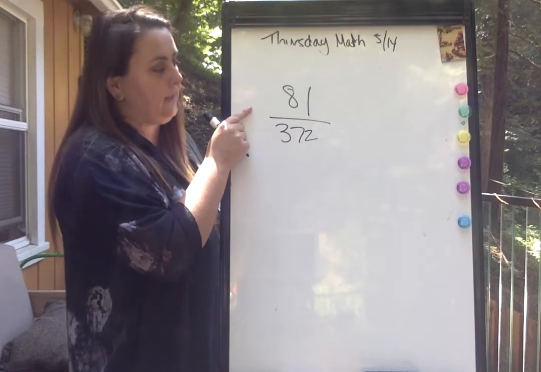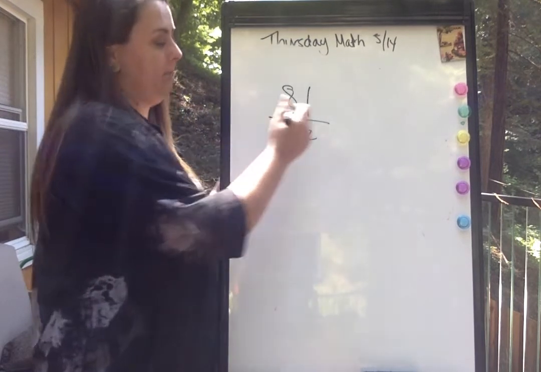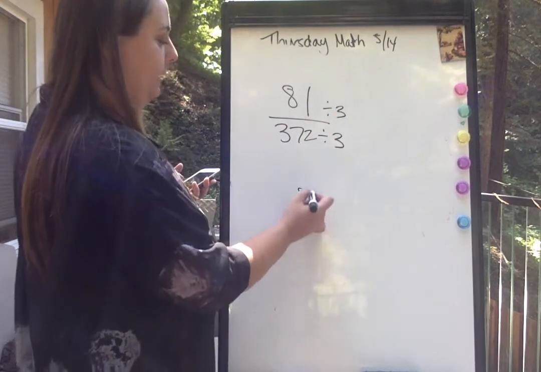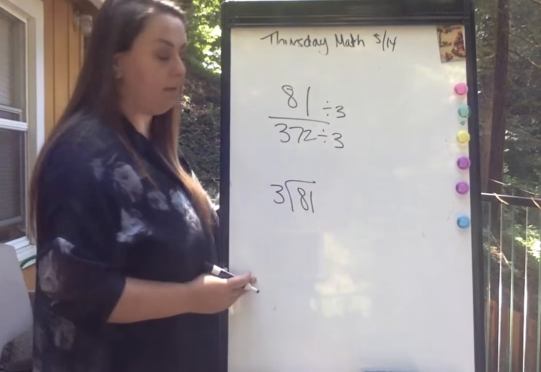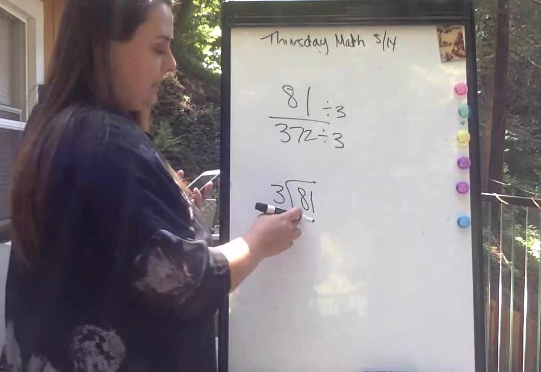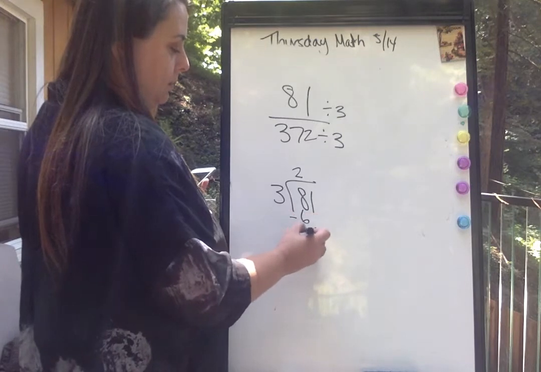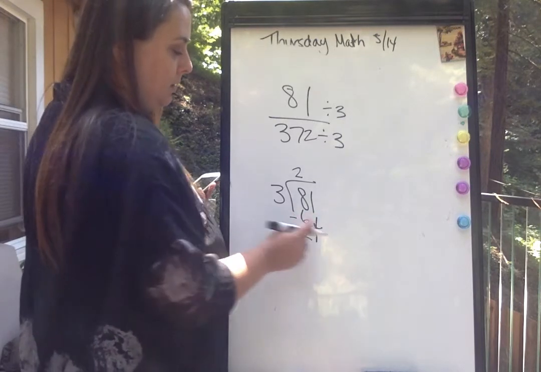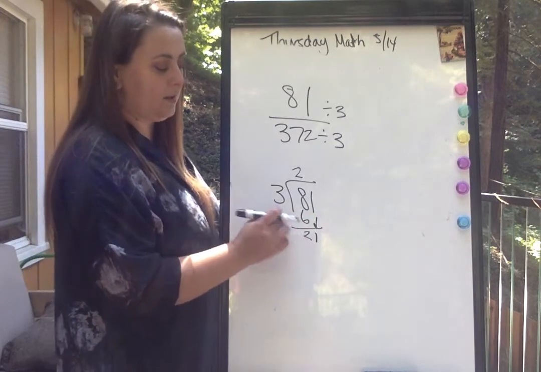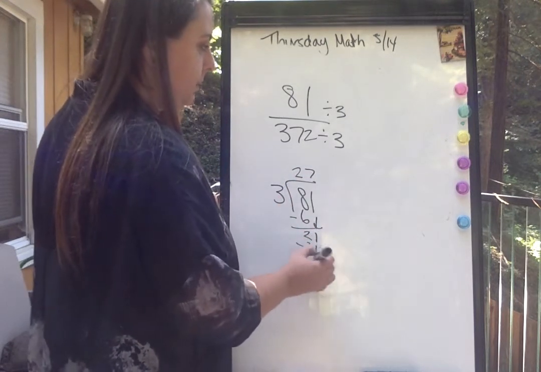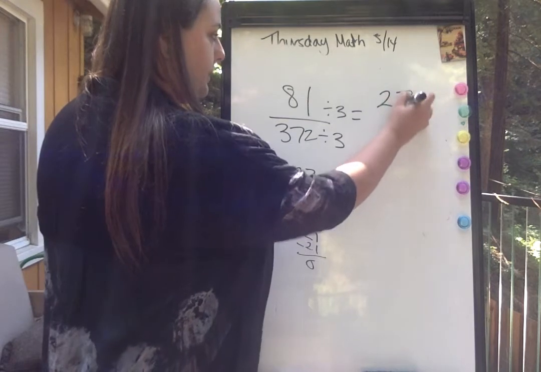But let's see if I can divide it by 3. Let's try and divide these by 3. 81 divided by 3. 3 goes into 8 2 times. 3 goes into 21 7 times. So this is going to be a 27.